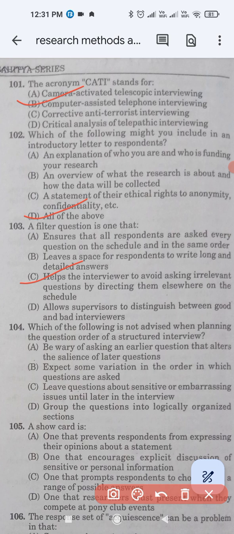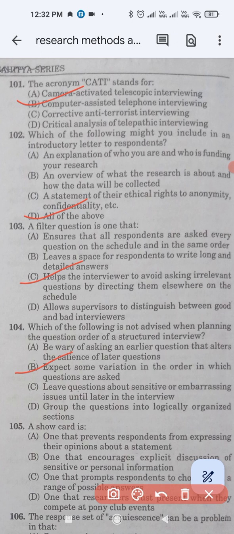Option C, leave questions about sensitive or embarrassing issues until later in the interview. And option D, group the questions into logically organized sections. So the correct answer of this one is option B. Expect some variation in the order in which questions are asked. Option B is the correct answer.